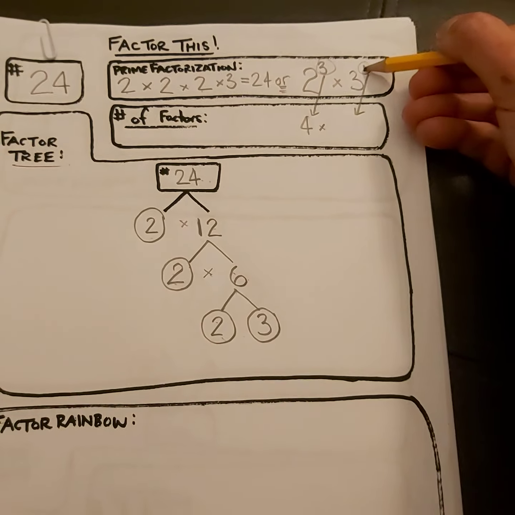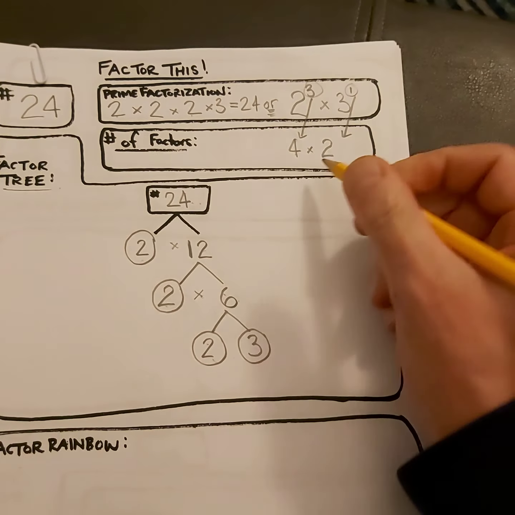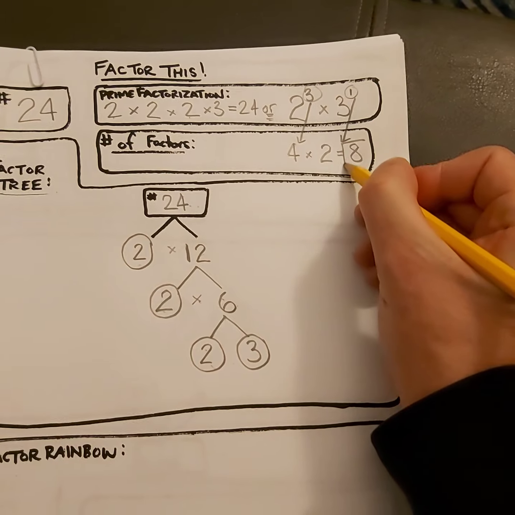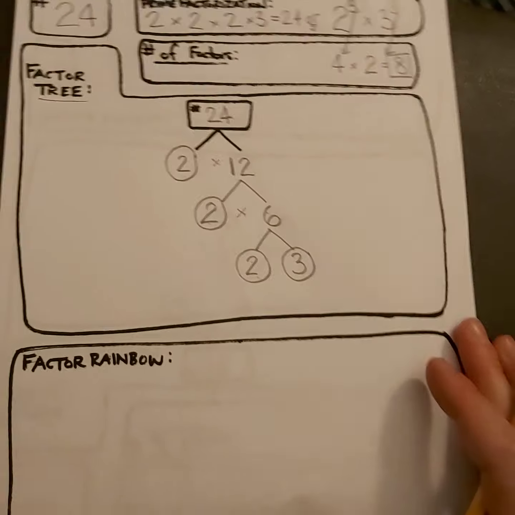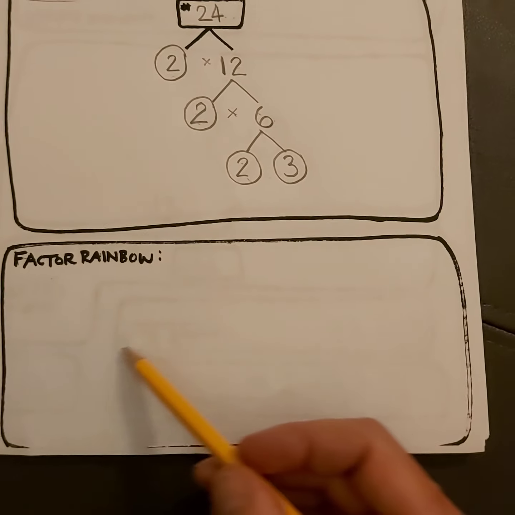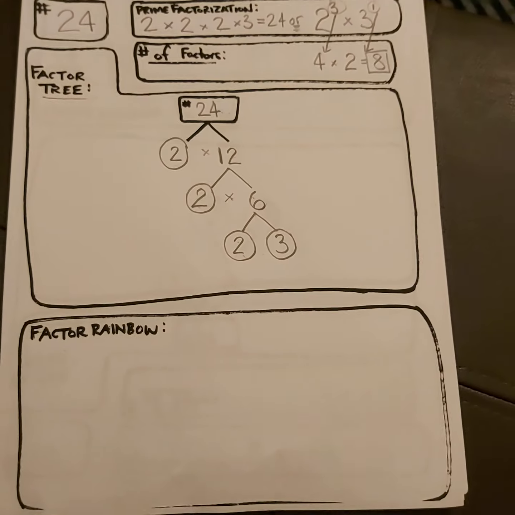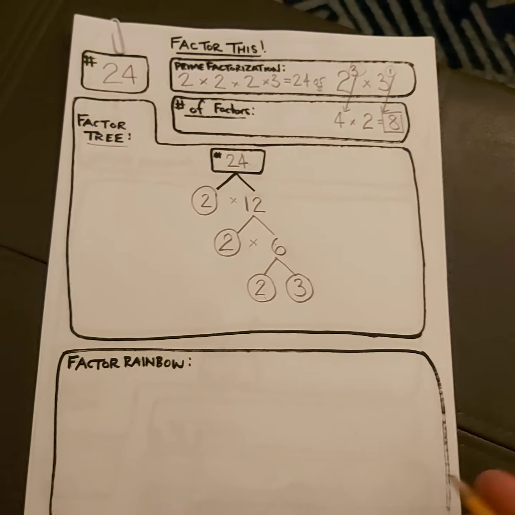And if I bring down this 1 here and I add 1 to it, I get a 2. 4 times 2 equals 8. 8 is going to be the number of factors that the number 24 has, which is super important because now I know how many pairs there will be. If there are 8 factors, there should be 4 pairs. So that's 4 arches in the factor rainbow.